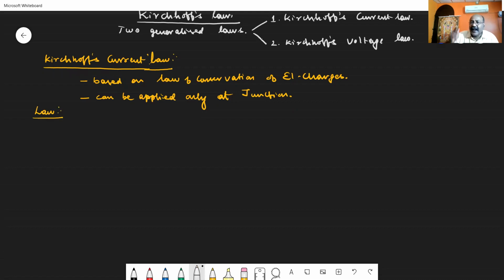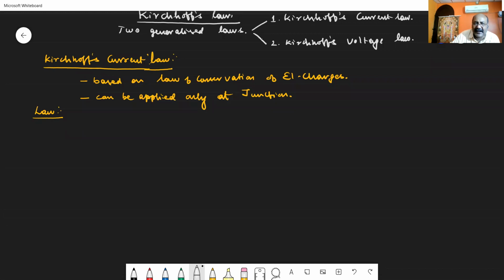The law is stated like this: the algebraic sum, meaning we add the plus and subtract the minus, of the currents meeting at a junction is always equal to 0.